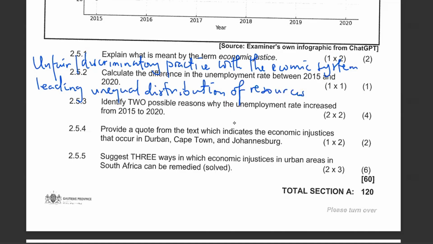That is basically economic injustice. When we are looking at injustice, we are looking at unfair practices or discriminatory practices. And those discriminatory practices are within the economic nature of the working of the economy. And the result is that they are going to lead to a situation of unfairness in the distribution of the available resources. Things like unemployment, that is an injustice.